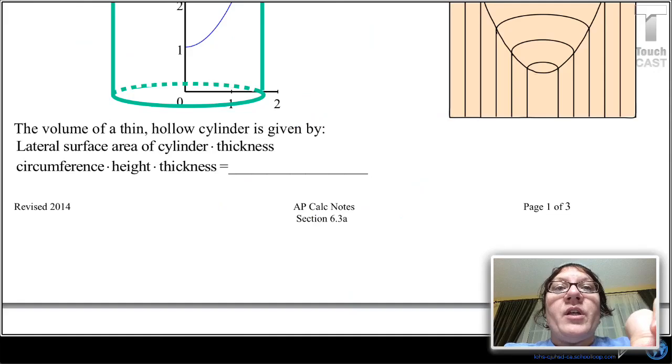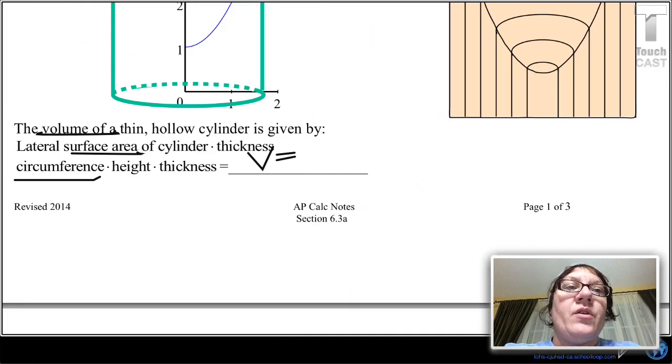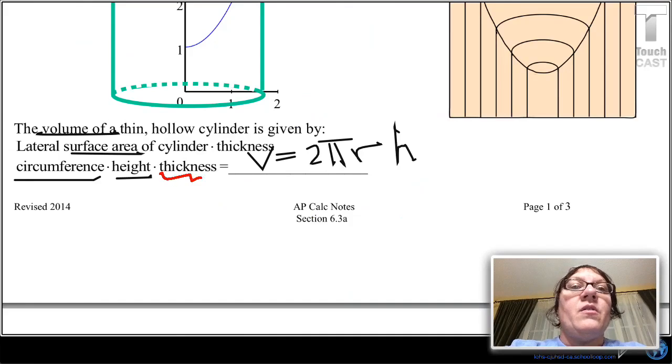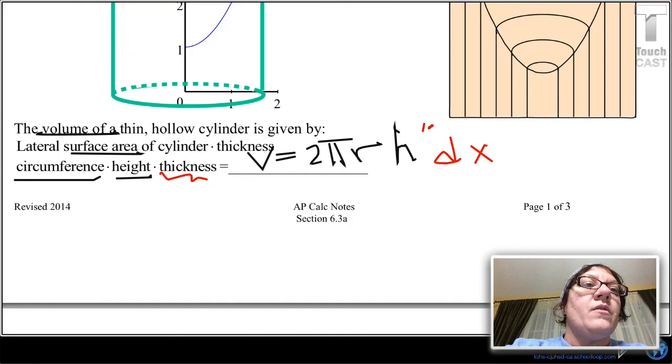That's how I generate the volume formula: I use this surface area, which is the circumference, 2 pi r, times the height, h, and then the thickness is either dx or dy, depending on which way I'm spinning.